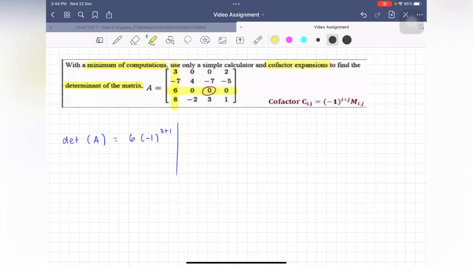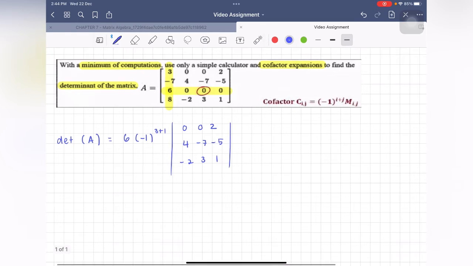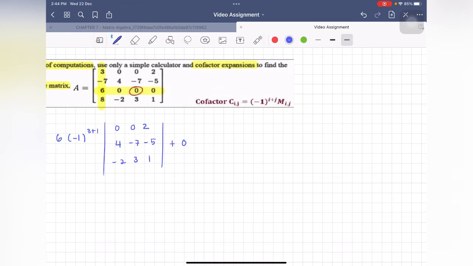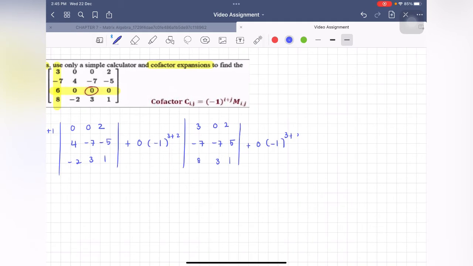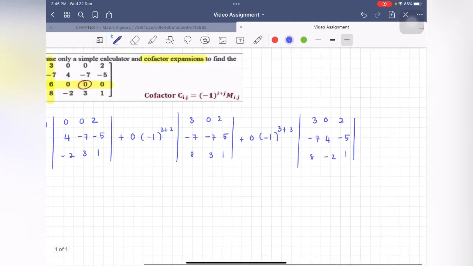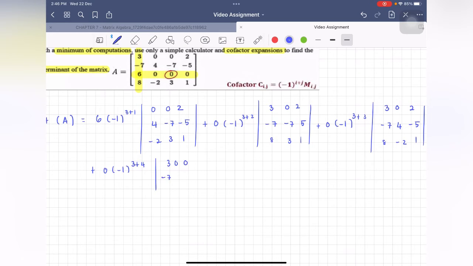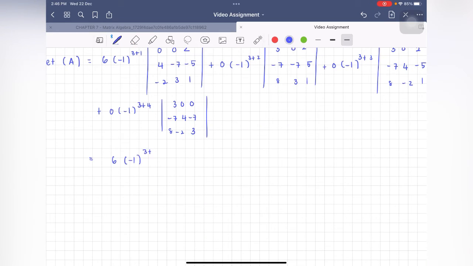And the elements will be 0, 0, 2, 4, negative 7, negative 5, negative 2, 3, 1. Now, from here, notice how the remaining elements in row 3 are 0. So, we would have plus 0 times the cofactor. So, notice how these products will be 0.